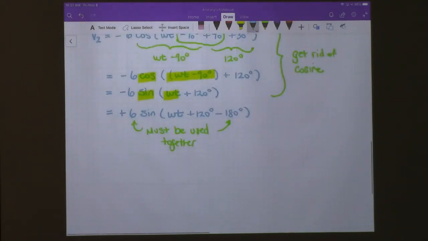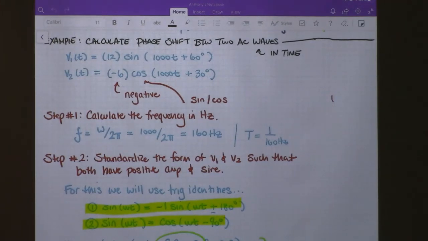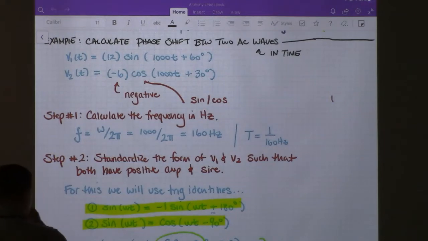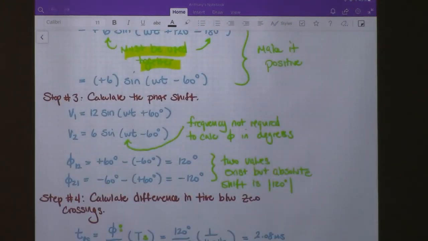And the end result is you get between two AC waves. Essentially what we had to do there was take two different waveforms, one in the form of a sine, one in the form of a cosine, one with a positive amplitude, one with a negative amplitude, and make them both into either a sine or a cosine such that we could just tell what the difference is between them by taking the difference between their phase shifts, between their phi values.